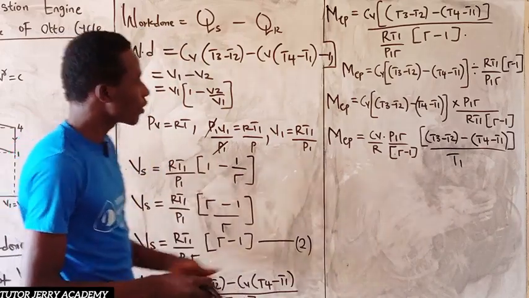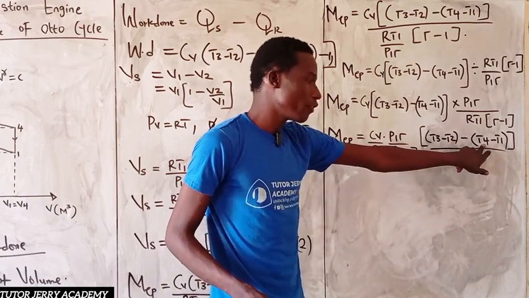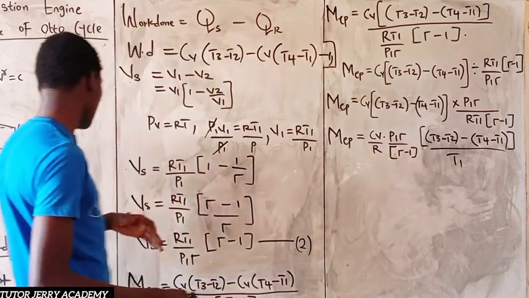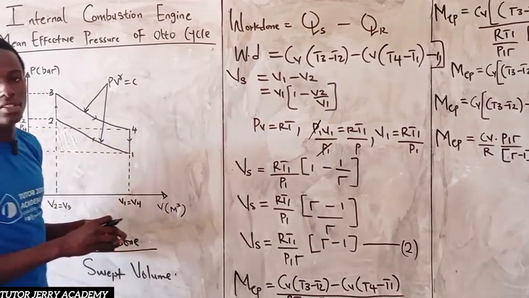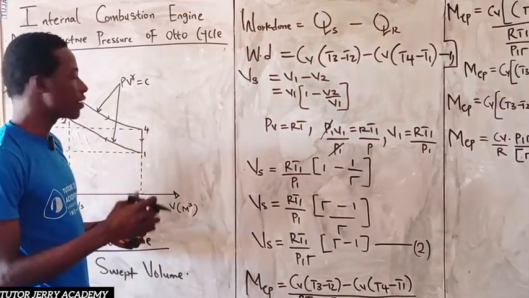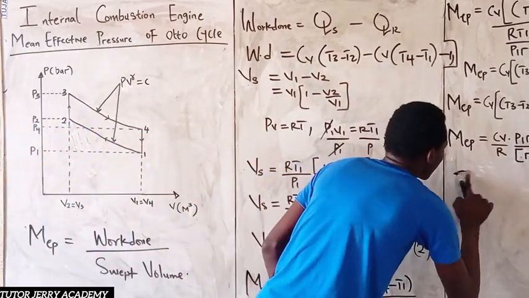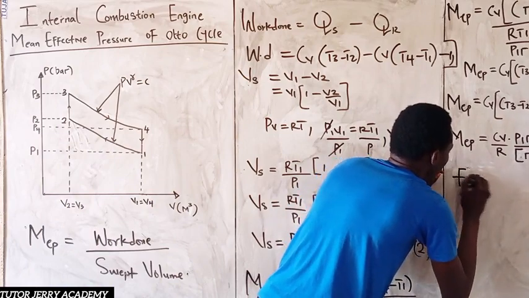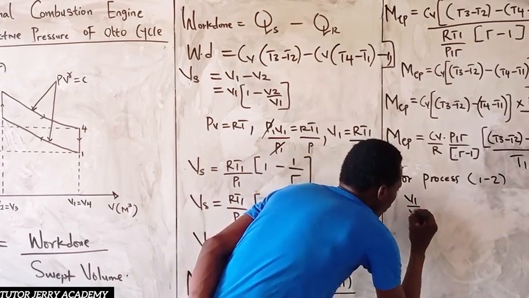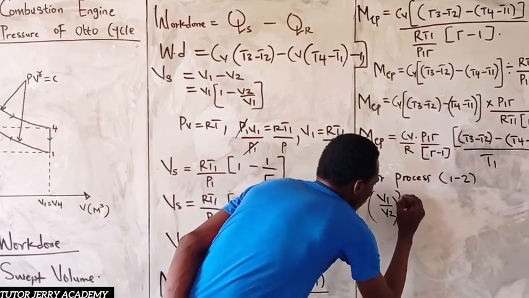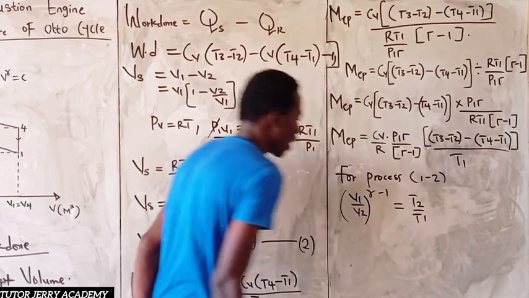Next, we are going to look for the values of temperature: a value for T3, a value for T2, and a value for T4. Now come back to this diagram. From state 1 to state 2, like I said before, we have the reversible adiabatic process. So for process 1 to 2, V1 all over V2 to the power of gamma minus 1 equals T2 all over T1.